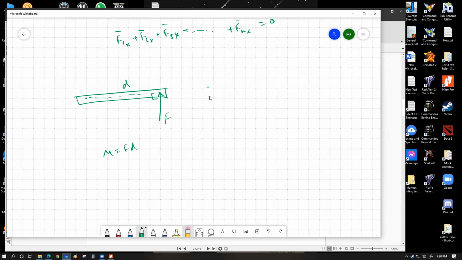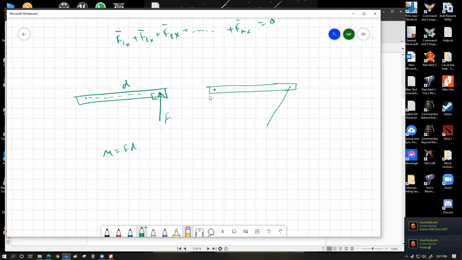However, if we have the force applied at some angle, we need to go for a different, more involved drawing. For example, if the force is applied over here at a direction that is this, where this is the force applied, and the distance that is given is from here to here, this is our distance d.